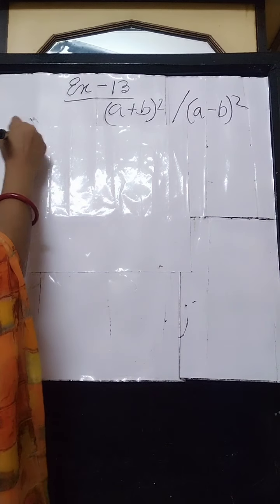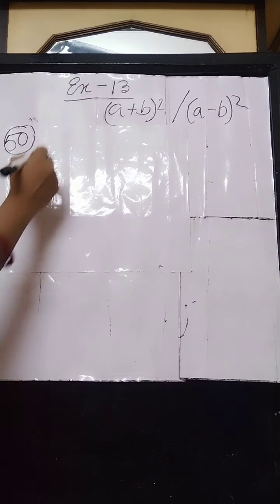Sum number 50. Let's see what is given. In sum number 50 it is given 995 into 995 minus 2 into 995 into 990 plus 990 into 990.